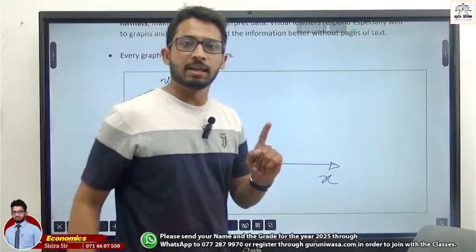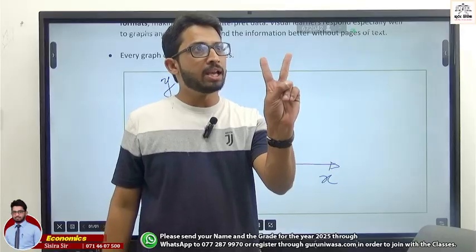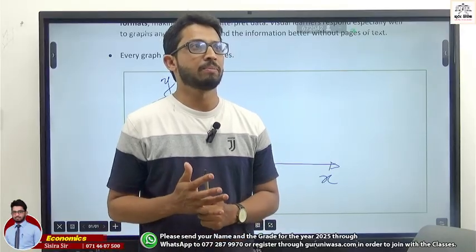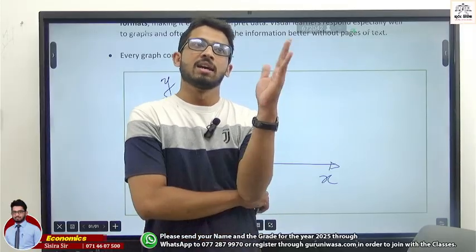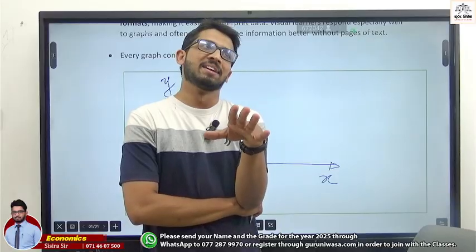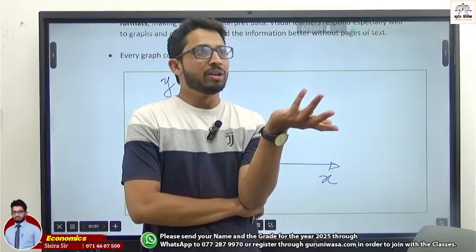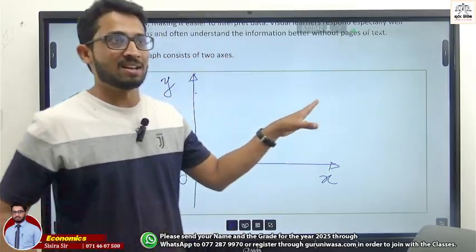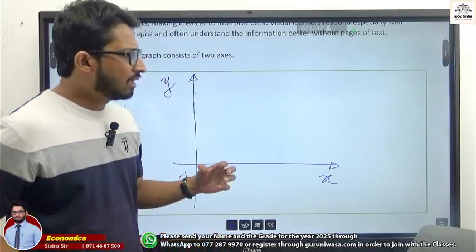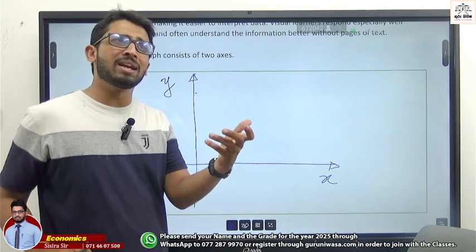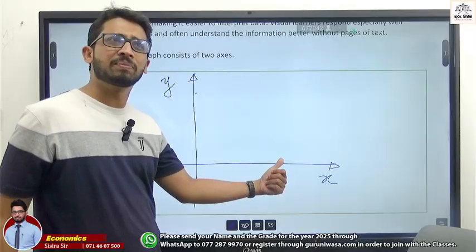Last day we explained two main variables. Can you remember? Independent and dependent. When drawing graphs in O levels, how do we show these dependent and independent variables on the axes?